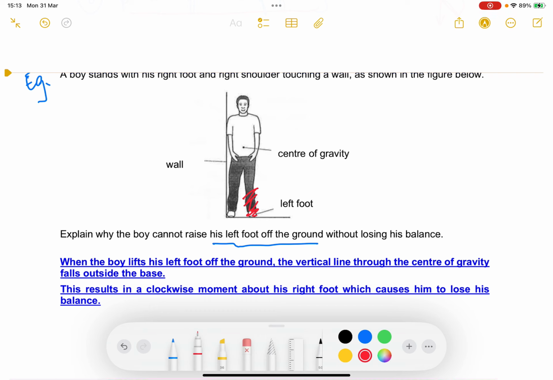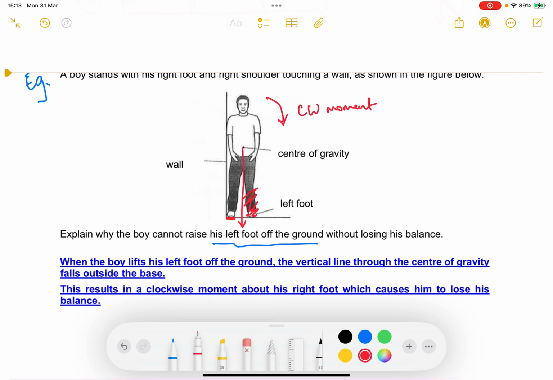The only point of contact with the ground is his right foot here. So the vertical line through his center of gravity, the line of action of the weight, is now outside of the base, and that causes a clockwise moment, causing him to topple.